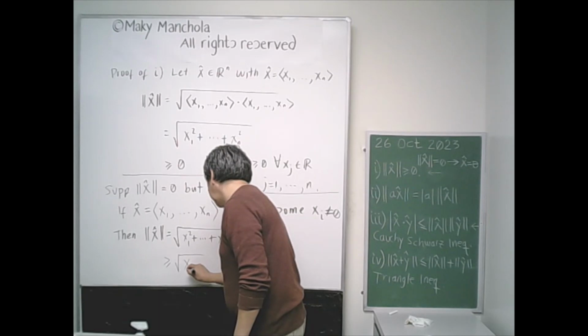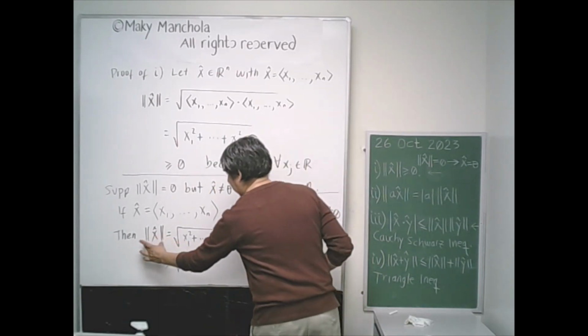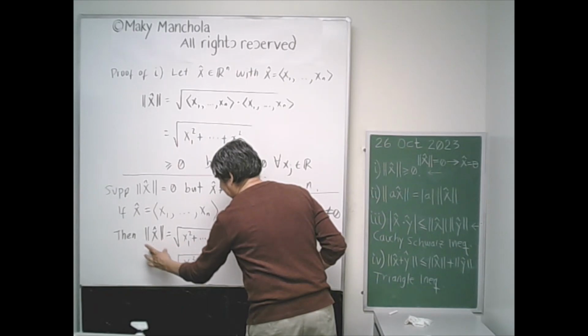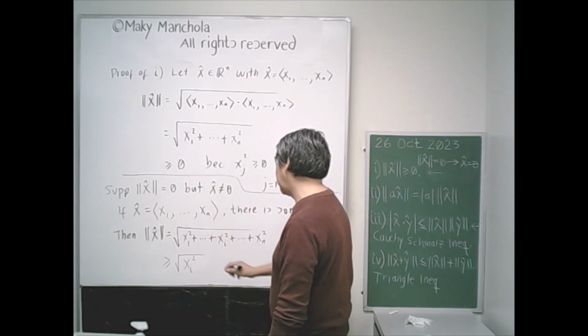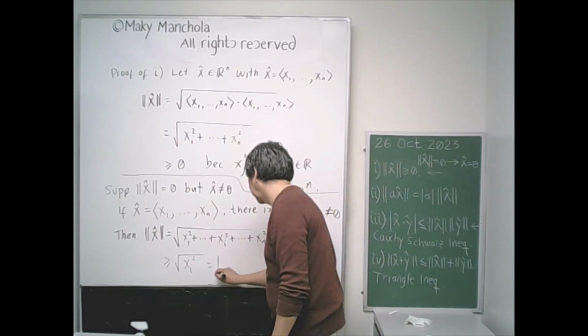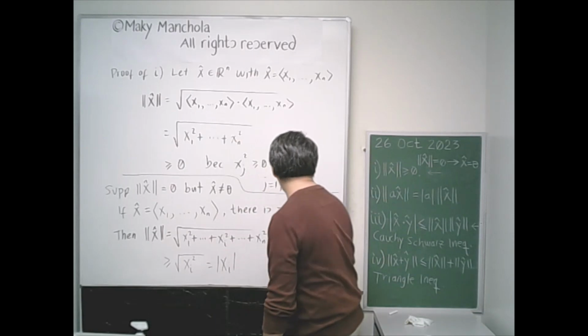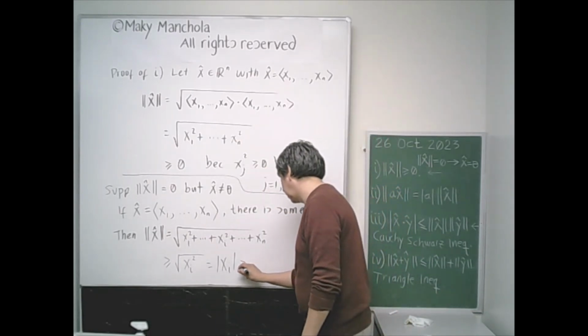So at the end, I just get that the norm of x hat is greater than or equal to the square root of xi squared. That's just the absolute value of xi. But since we're assuming that xi is not 0, that has to be greater than 0.